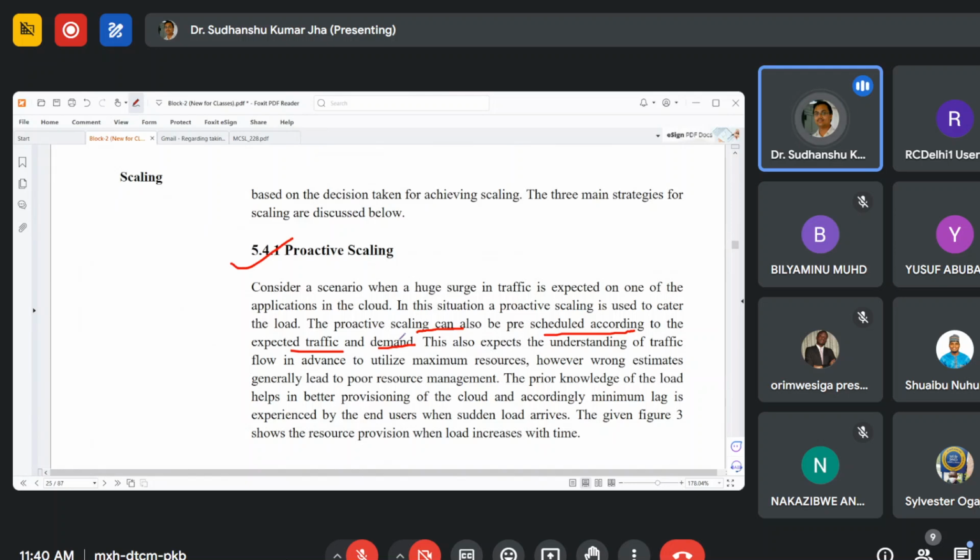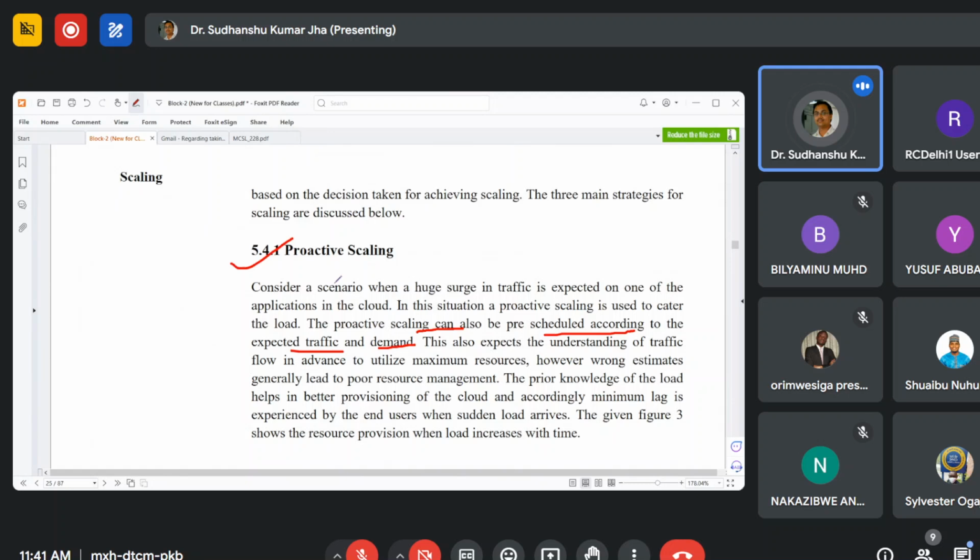So scaling means scaling part by part, not scaling 100 at once. It needs to be specified how much the workload is increasing, and accordingly how much scaling is required.